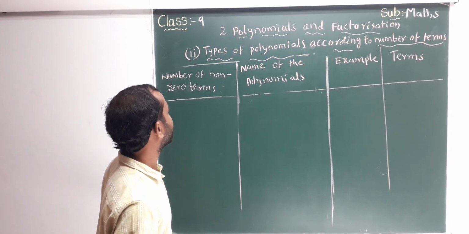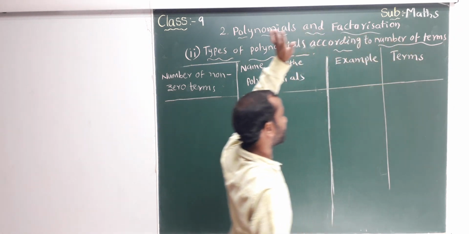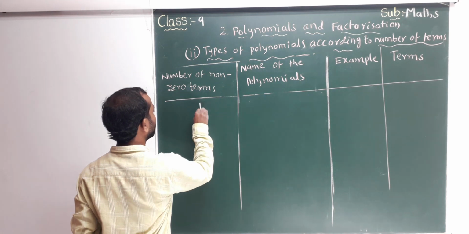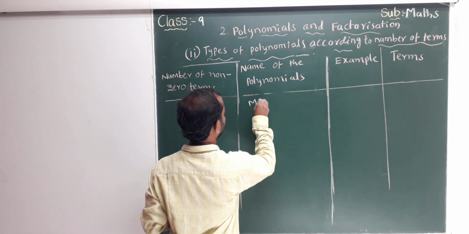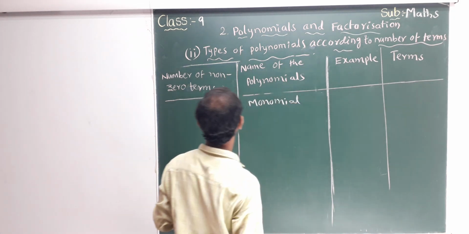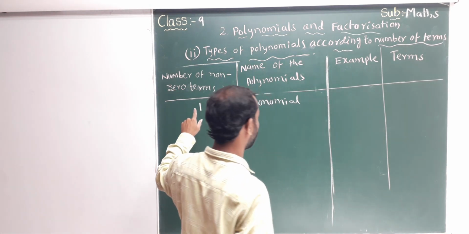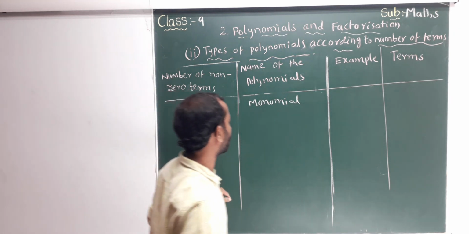Next, the types of polynomials according to the number of terms. If we have only one term in an algebraic expression or polynomial, then it is called a monomial.